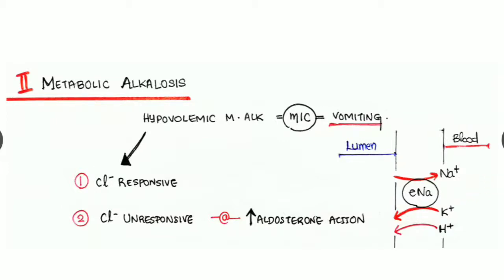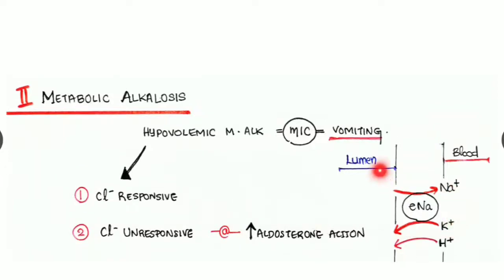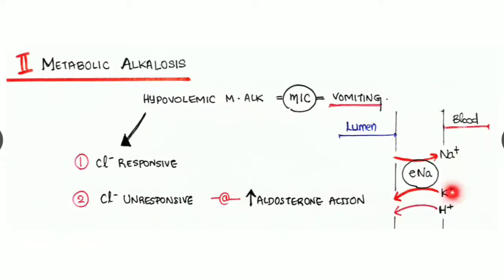At the same time, I have told you before, the sodium and potassium are like enemies. So at the same time, the potassium is being sent out of the blood into the lumen and excreted into the urine out of the body.